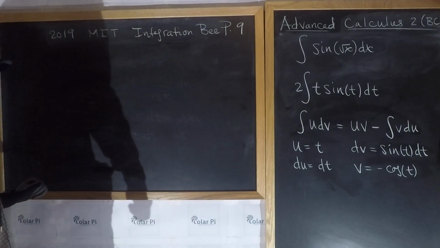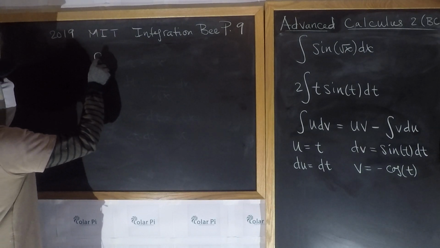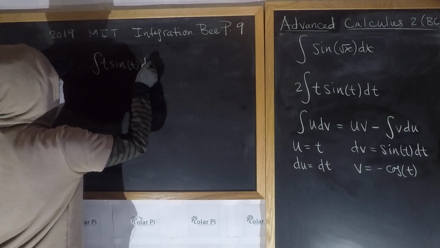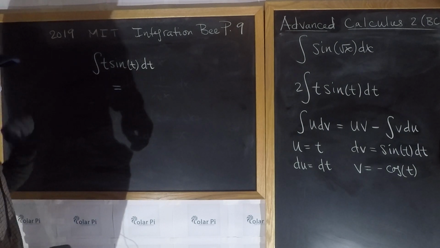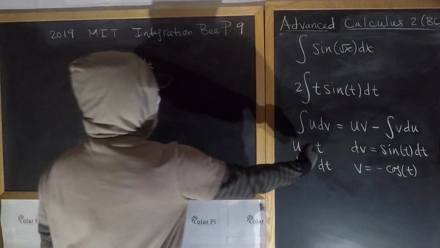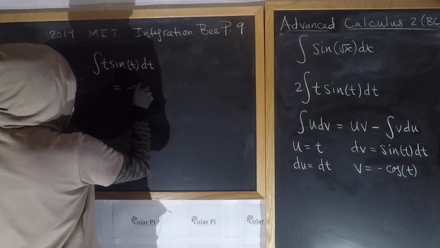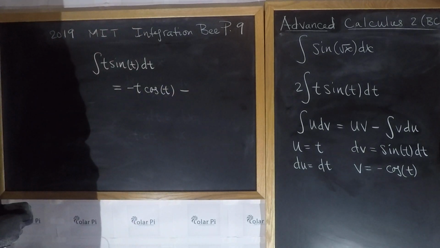So that means that now the integral of t sine t dt is equal to the integral of u dv, which is equal to uv. So that's t times minus cos t, so that's minus t cos t, and then minus the integral of v du.